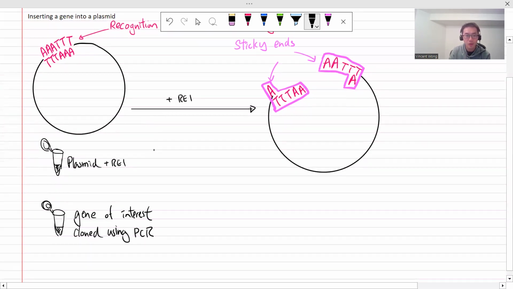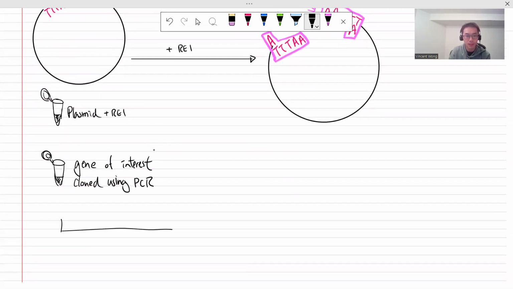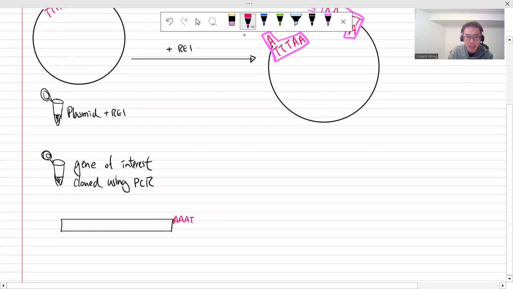And so let me just draw the gene for you. This is one of those copies. It's like ACTGs, whatever the base pairs are. And then at the end, you actually have what we call a flanking sequence. Flank is like on the side. So in this hypothetical situation, the flanking sequence might also contain the same recognition site.